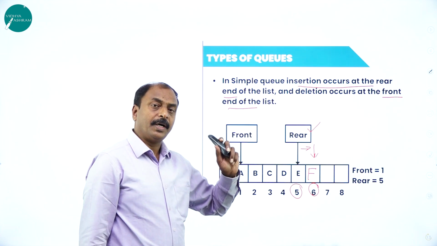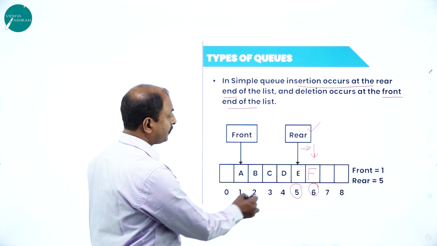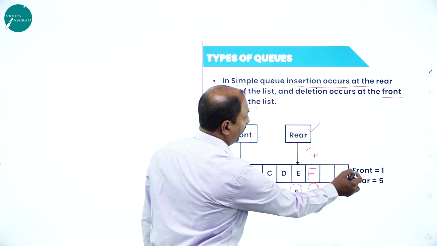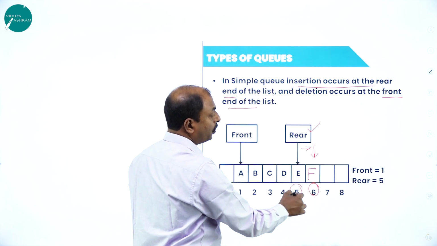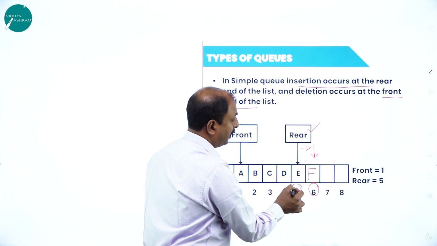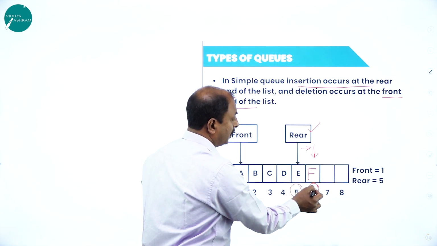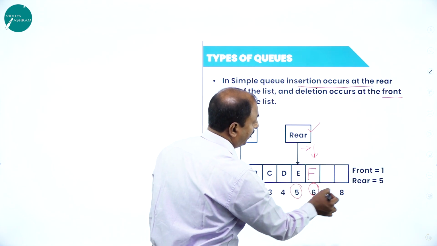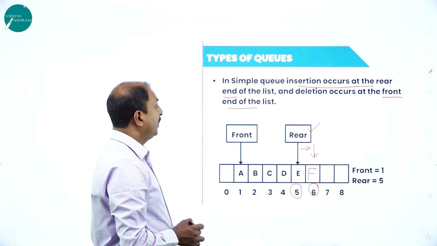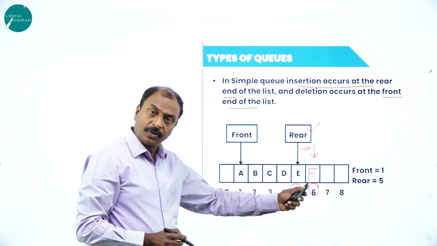So in this example, front equals 1 and rear was 5. To add one more element, we move the rear pointer to the next index, so rear equals 6. That is how the queue grows.